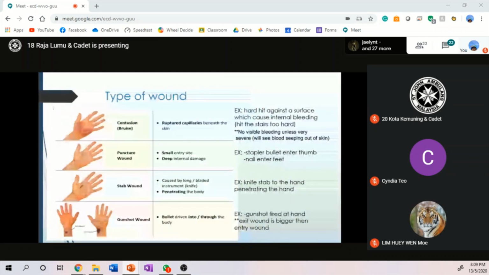The first bullet goes in through your skin, leaving a very small hole. Then it goes out at the backside, and that wound is bigger. The entry wound is smaller, then the exit wound is bigger. For example, don't actually take a gun and do it, later I call the police.